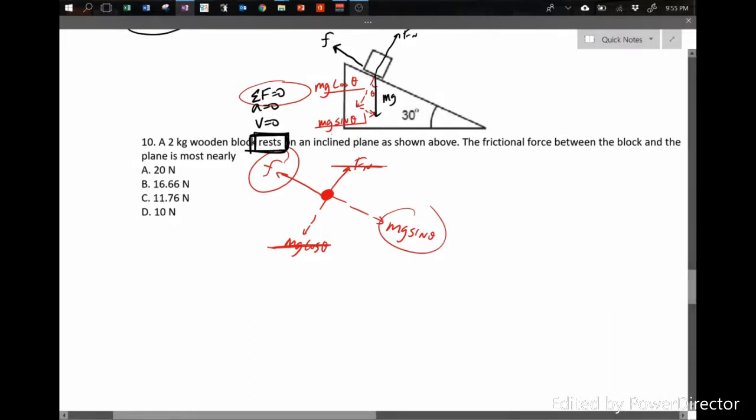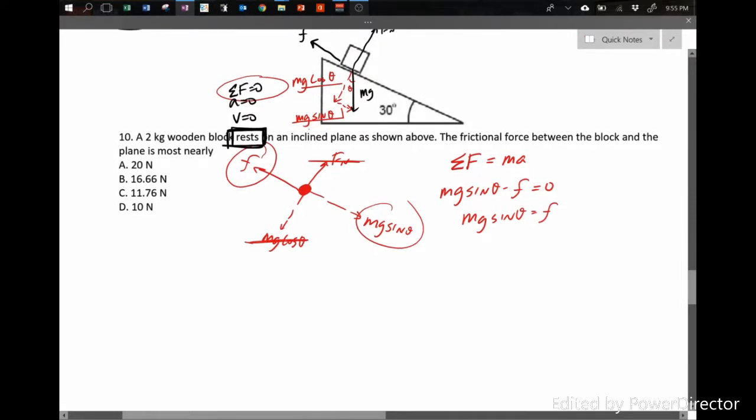So if we wanted to be formal about it, we could put it into Newton's second law for this situation. Net force equals mass times acceleration. The net force is going to be one of the forces, mg sine theta, minus the other force, going to be equal to 0. So that tells me that mg sine of theta is equal to the friction.